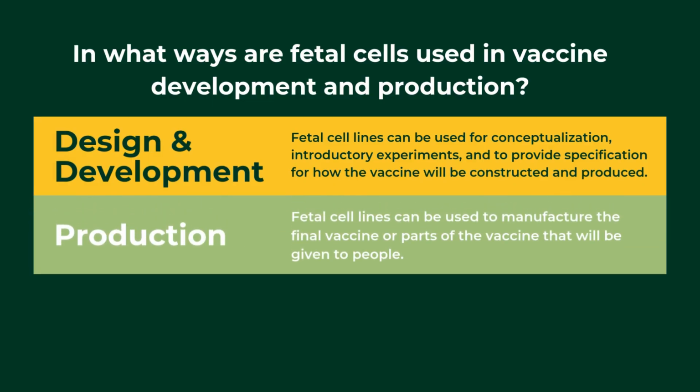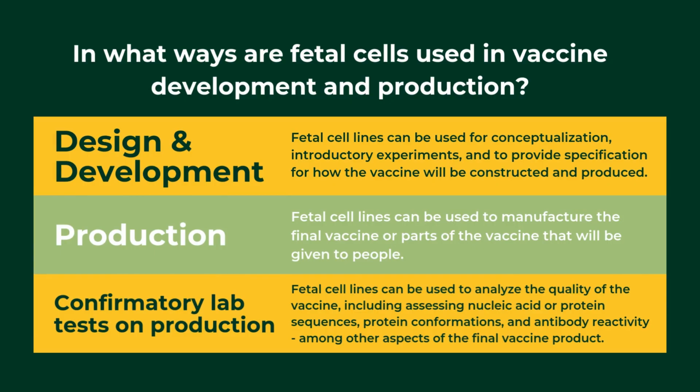Fetal cell lines can be used to manufacture the final vaccine or parts of the vaccine that will be given to people. The last is confirmatory lab tests on production. Fetal cell lines can be used to analyze the quality of the vaccine, including assessing nucleic acid or protein sequences, protein conformations, and antibody reactivity, among other aspects of the final vaccine product.